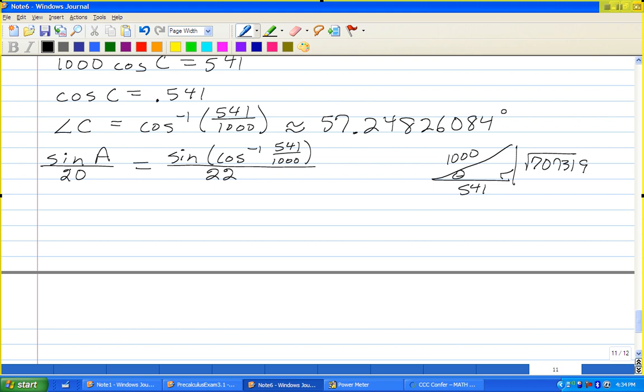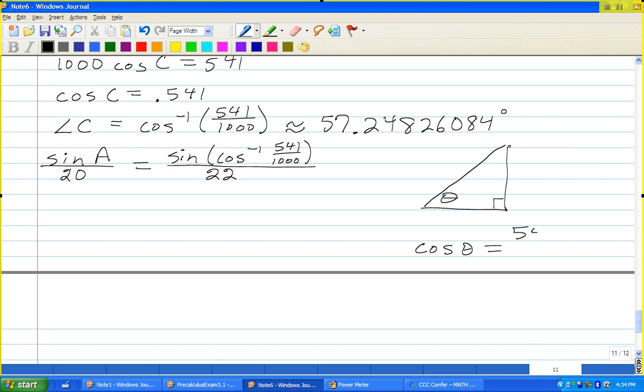So, oh, of course I just erased it. I want theta such that cosine of theta is 541 over 1,000. And so a squared plus b squared equals c squared.